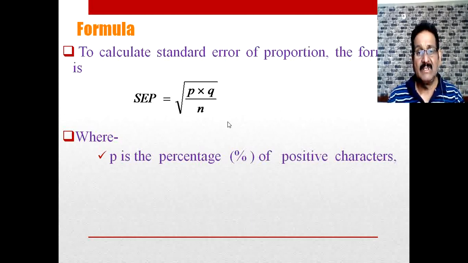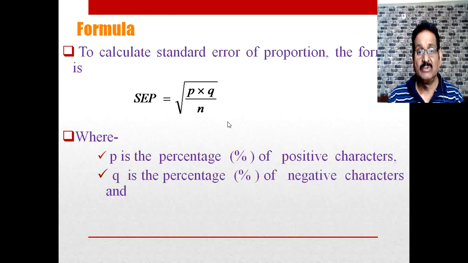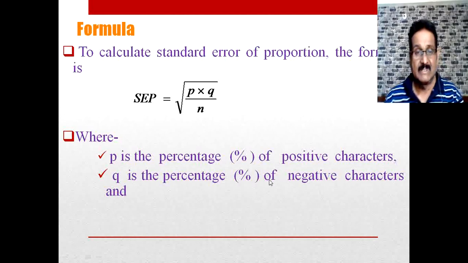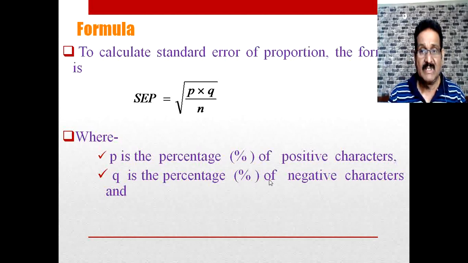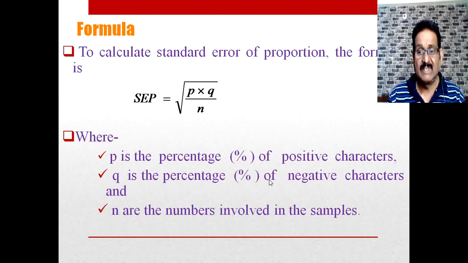Positive character indicates a person with disease, and Q, the alternate to that, is known as negative character, or the person is free from disease. So this is with disease, positive cases. Q means the persons from that same population who are free from disease. So P is the percentage of positive characters, Q the percentage of negative characters, and N is the number involved in the sample.